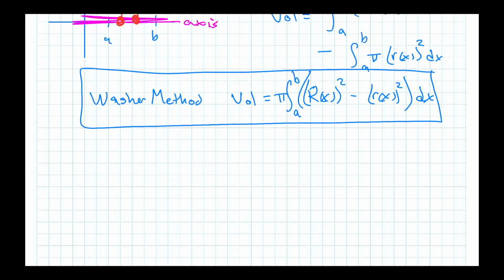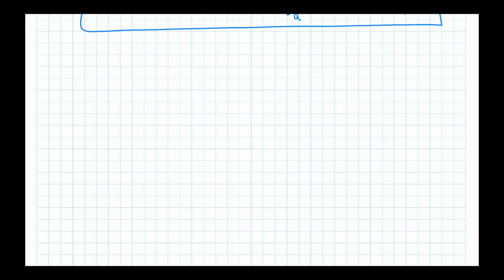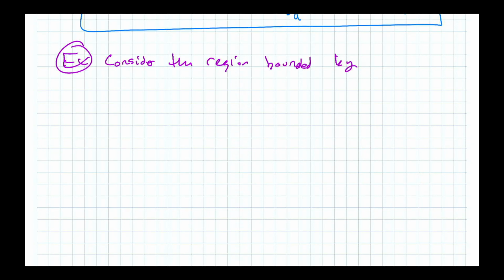All right, easiest way to do this is to do a problem. I've noticed that the first thing I see here doesn't actually have us perform the washer method. I don't know if that's typical or not, but they say consider the region bounded by, and again, a bunch of graphs.